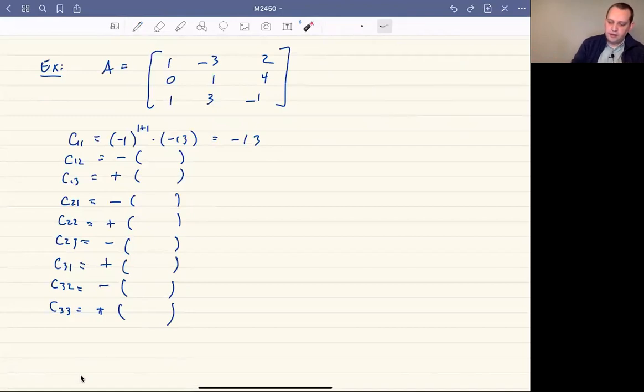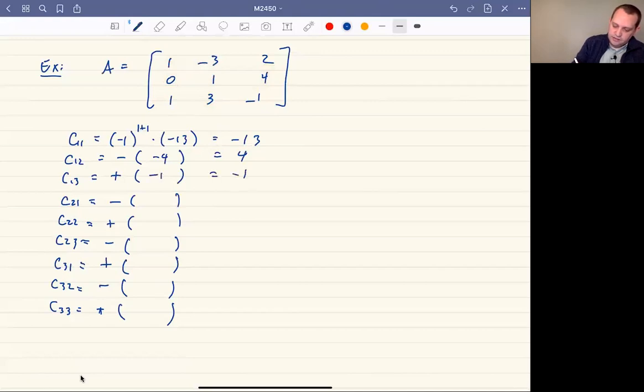C12, we get by getting rid of the first row, second column, and that's 0, 4, 1, negative 1. The determinant of that is negative 4. C13: we have 0, 1, 1, 3, so that determinant is negative 1.